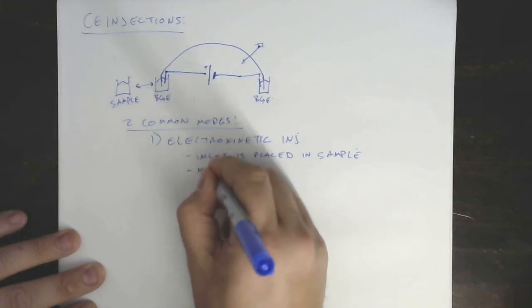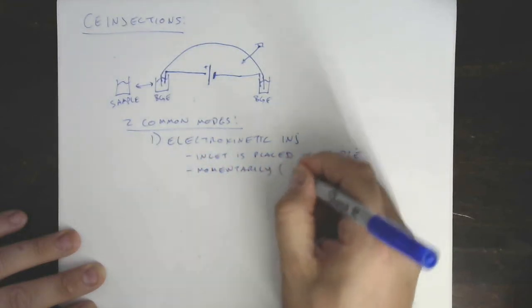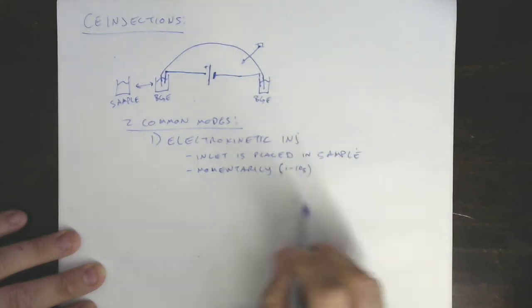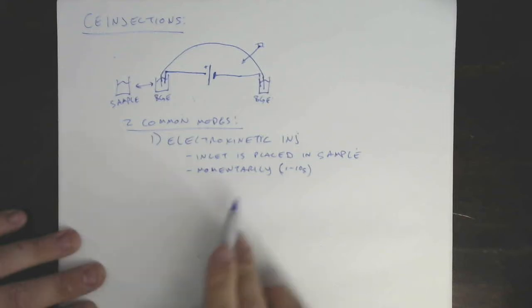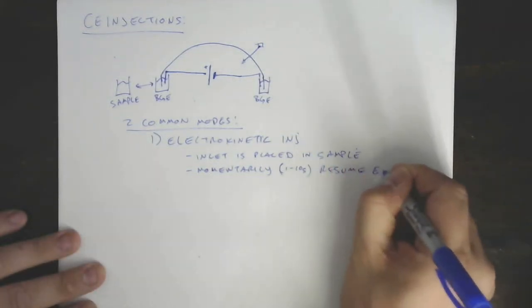And then we momentarily, and to be clear, this is sort of on the order of 1 to 10 seconds or so, depending on how much sample we're trying to get in there, we'll momentarily resume the E field.